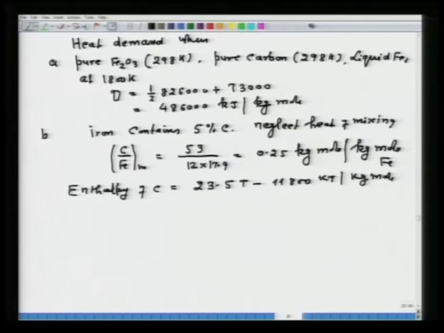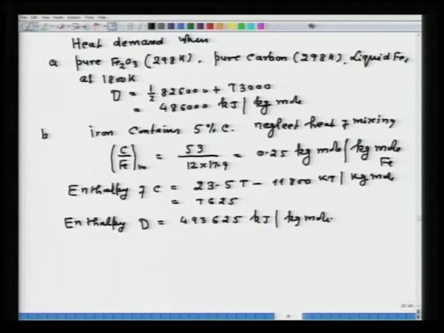I substitute T equal to 1800 Kelvin, and this value comes to 7,625 kilojoule per kg mole carbon. So, the enthalpy demand will be equal to 493,625, because all that we have to add is 7625 to 486,000. This is what I mean by modification.